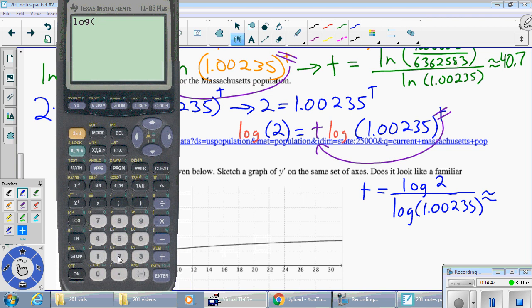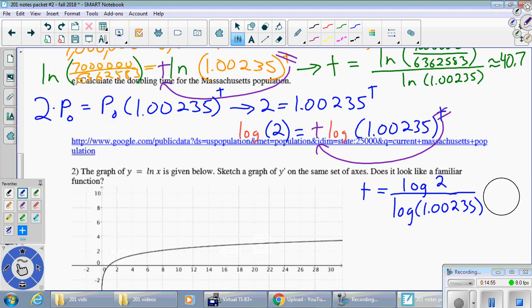So we go log of 2 divided by log of, and then again, this number was our C. So just log of C. And so the doubling time is just under 300 years. 295.5 years. That's how long it would take the population of Greenfield to double according to this model.